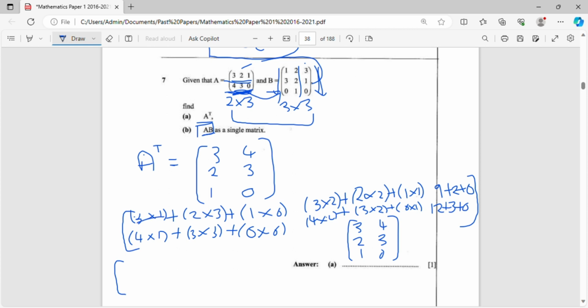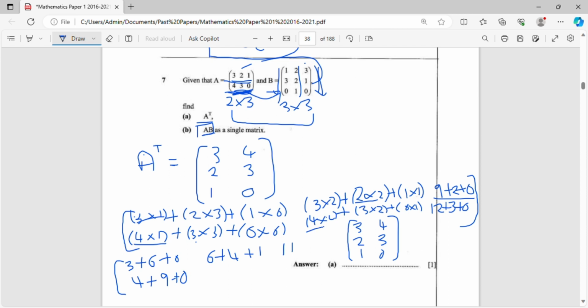3 times 1 gives us 3, plus 2 by 3 gives us 6, plus 1 by 0 gives us 0. 3 times 2 gives us 6, plus 2 times 2 will give us 4, plus 1 times 1 will give us 1. 9 plus 2 plus 0 gives us 11. 4 by 1 gives us 4, plus 3 by 3 gives us 9, plus 0 by 6 gives us 0.